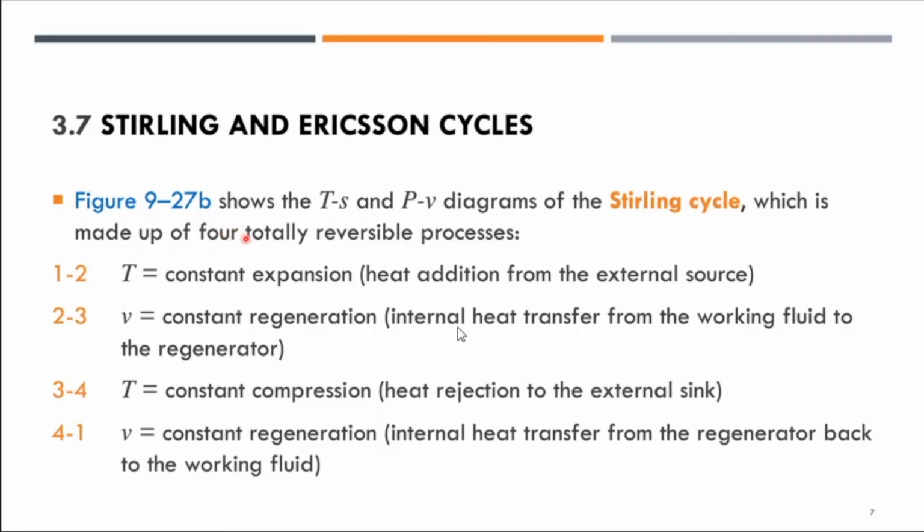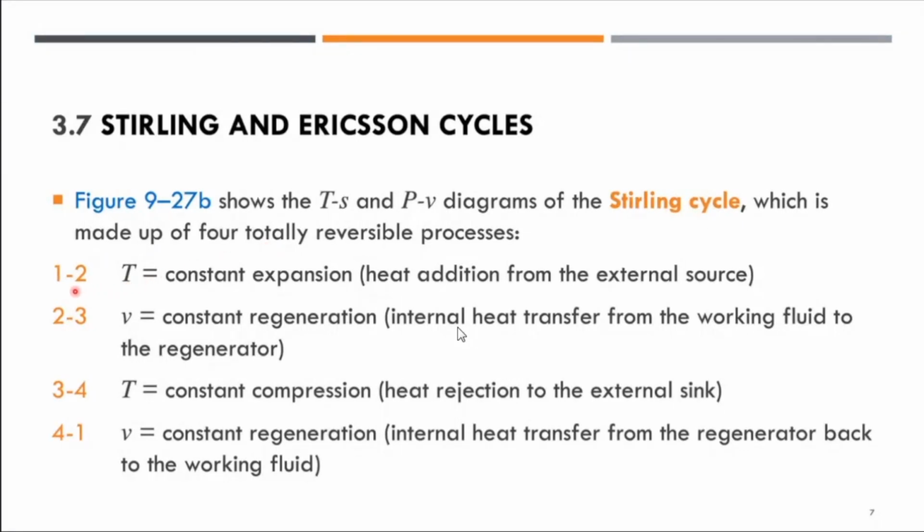So as shown in figure 9-27B, we are going to look at the next slide, which shows the temperature-entropy and pressure-volume diagrams for the Stirling cycle, which is made up of four totally reversible processes.